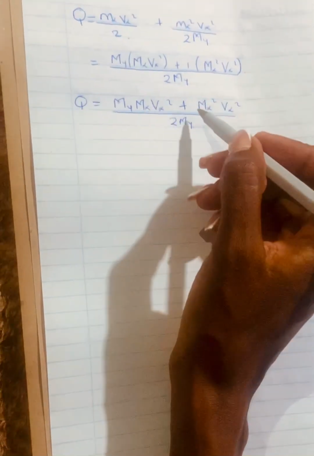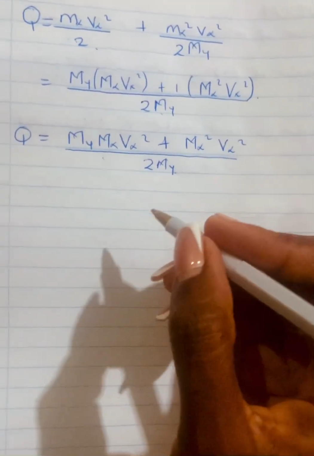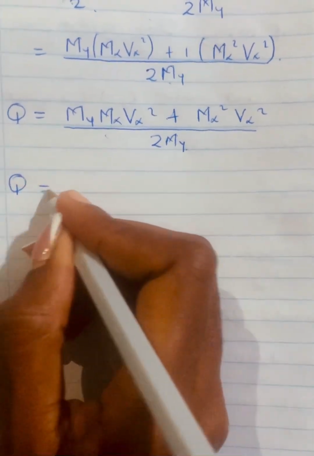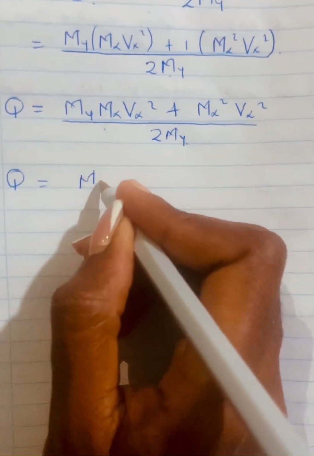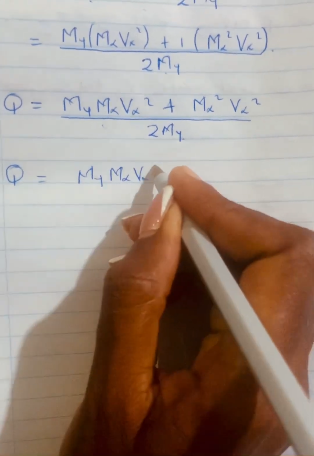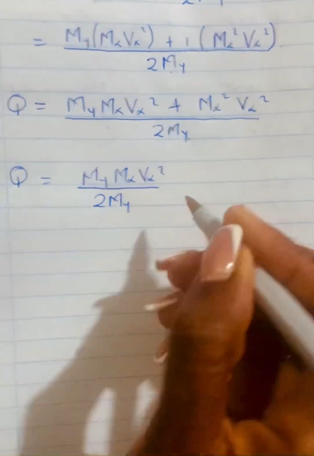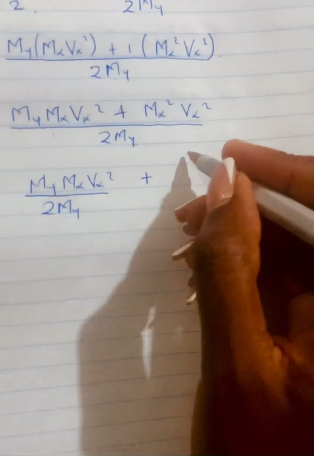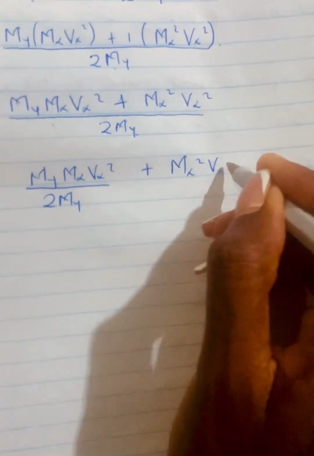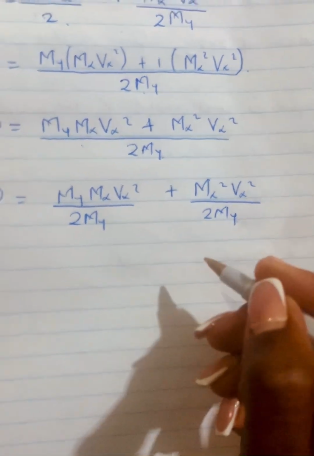So I'm going to separate these two terms. This now gives me Q equals m_Y m_alpha v_alpha squared over 2 m_Y plus m_alpha squared v_alpha squared over 2 m_Y.